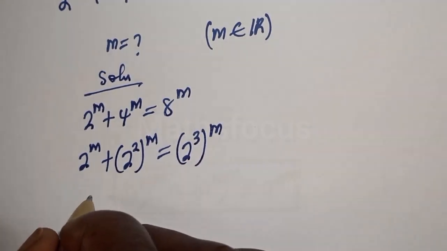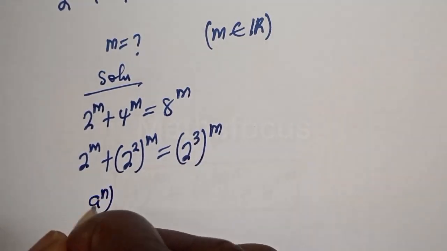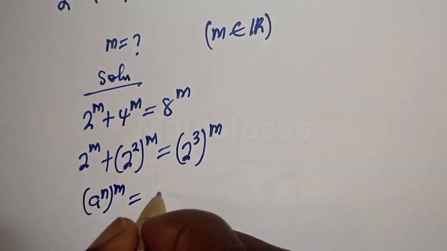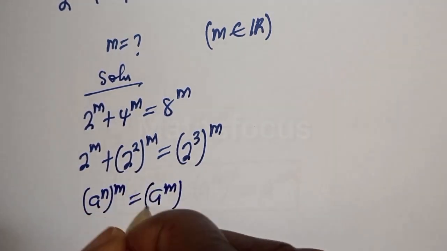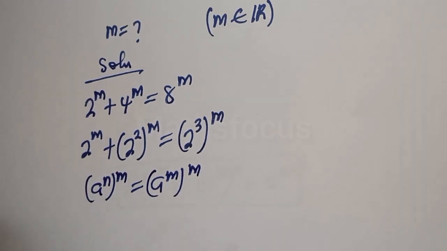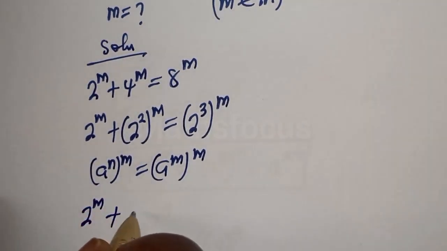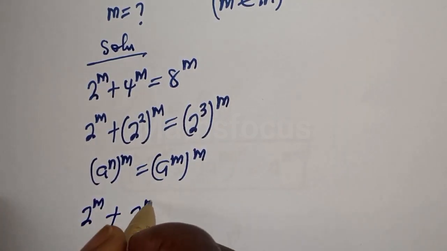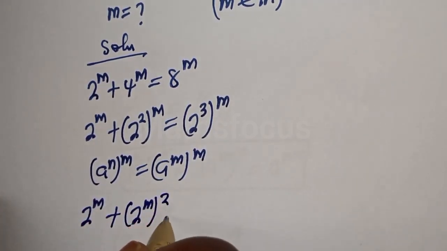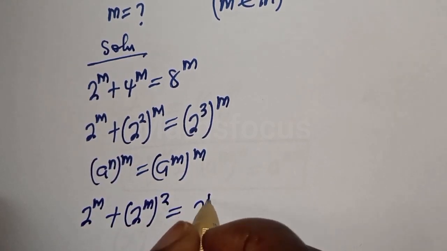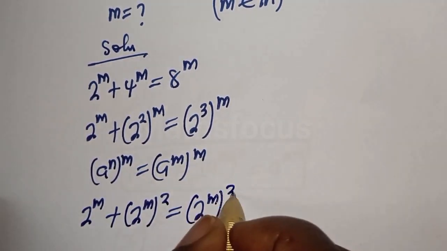Take note that if you have a^n to the power of m, this is equal to a^m to the power of n. Then this is 2^m plus (2^m) squared is equal to (2^m) cubed.